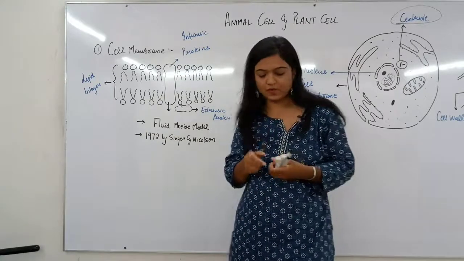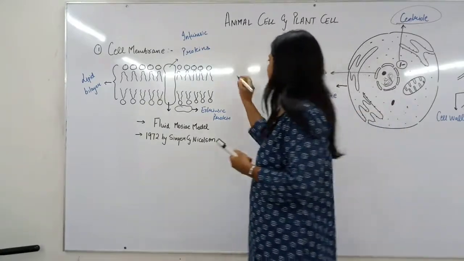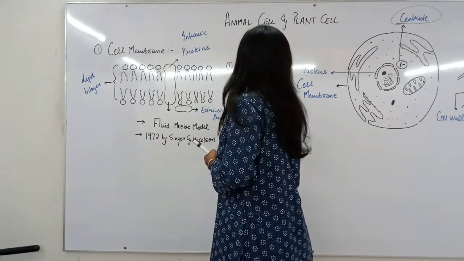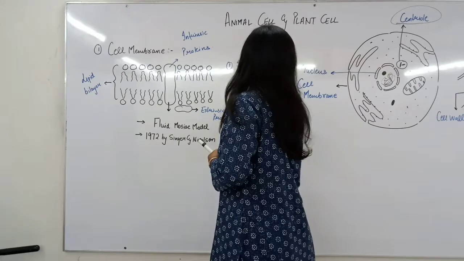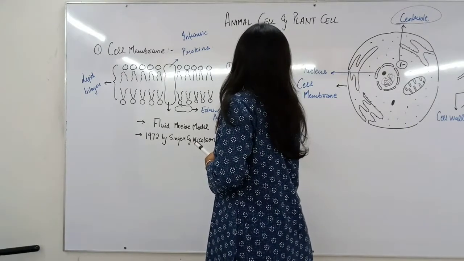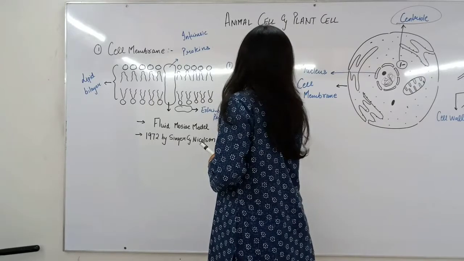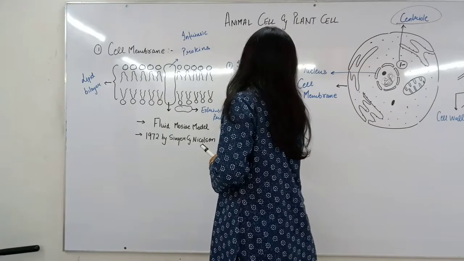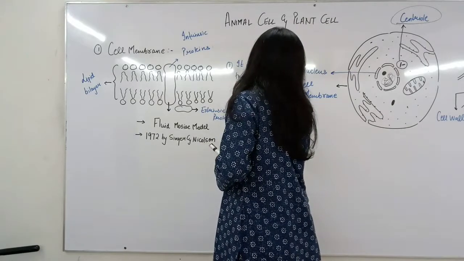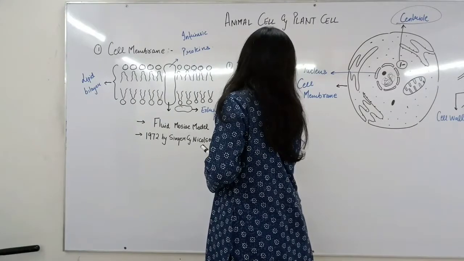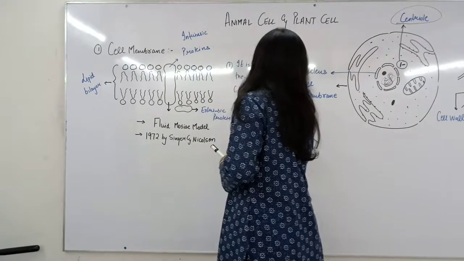Proceeding further, why do we need a cell membrane and what exactly is the function that the cell membrane does for us? The very first is protecting the contents of the cell and enclosing the cytoplasm.